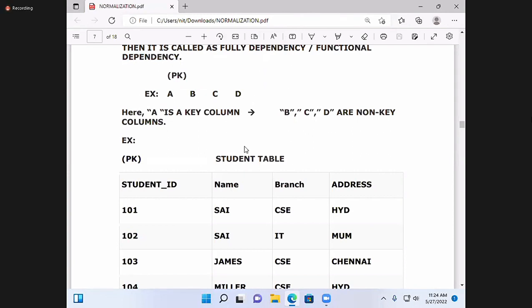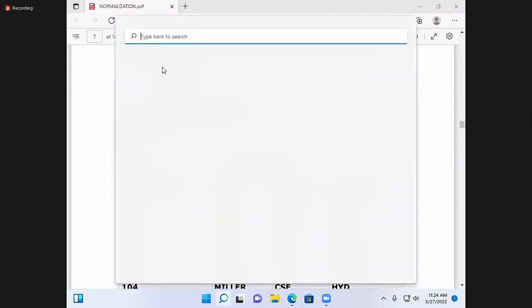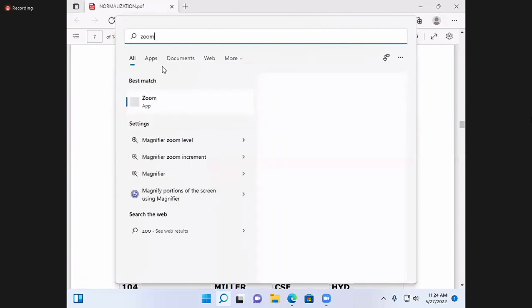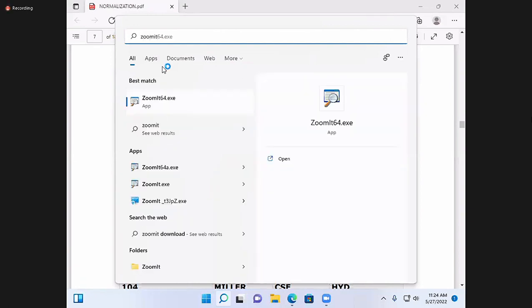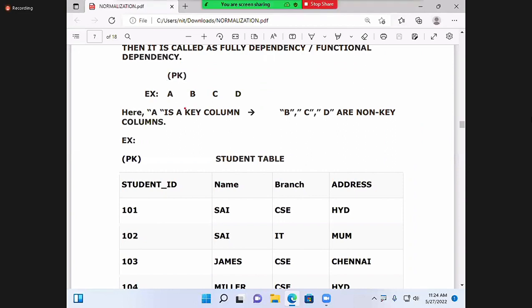Now in these four columns, can you find out which type of column A is? Primary key. That means on column A I applied a primary key constraint. We already discussed primary key and foreign key. Can you remember? So here B, C and D are called non-primary key columns.